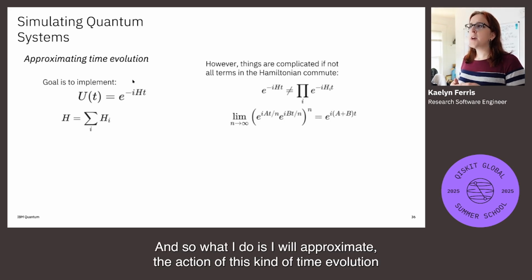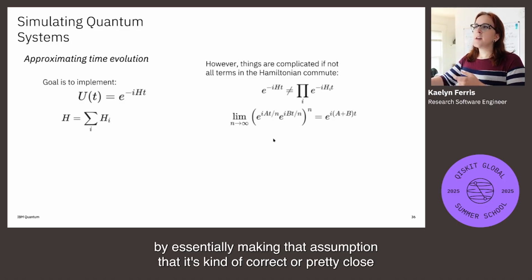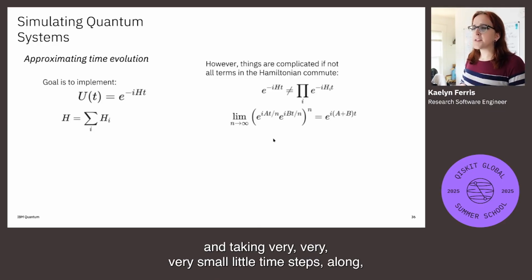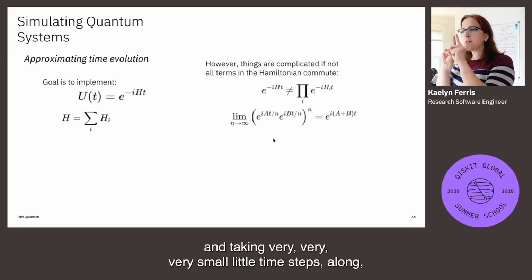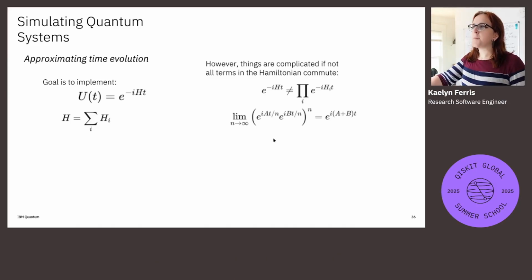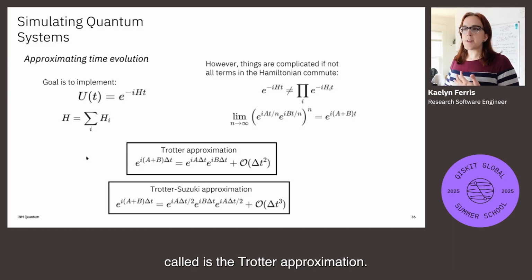And so what I do is I will approximate the action of this time evolution operator by essentially making that assumption that it's kind of correct or pretty close, and taking very, very small time steps along and applying my Hamiltonian along it. And this is called the Trotter approximation.